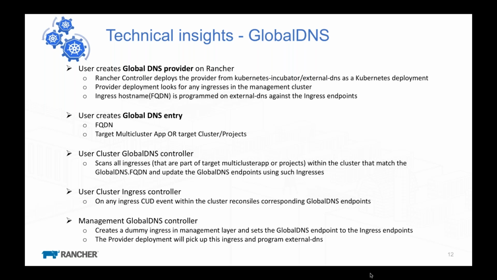When the user creates a global DNS entry on the Rancher UI or API, provides an FQDN and targets the multi-cluster app or project, internally we have a user cluster global DNS controller running. It scans all the ingresses within each user cluster, and if there is an ingress matching the FQDN of the global DNS entry, we pick up the endpoint of that ingress and record it on the global DNS entry.